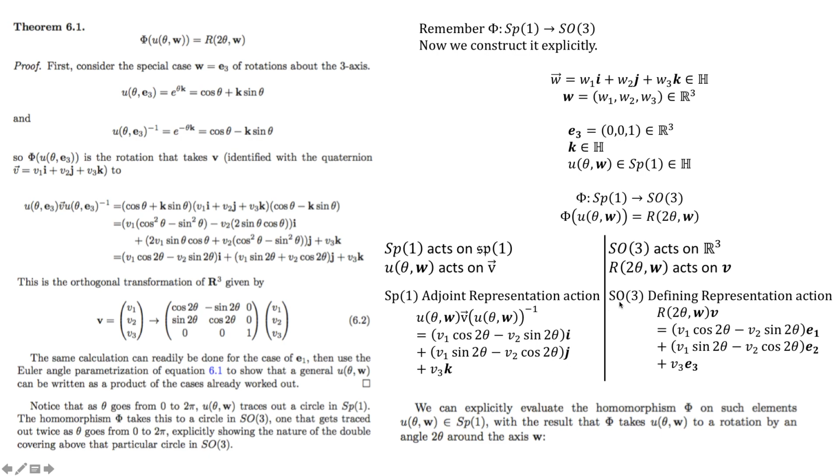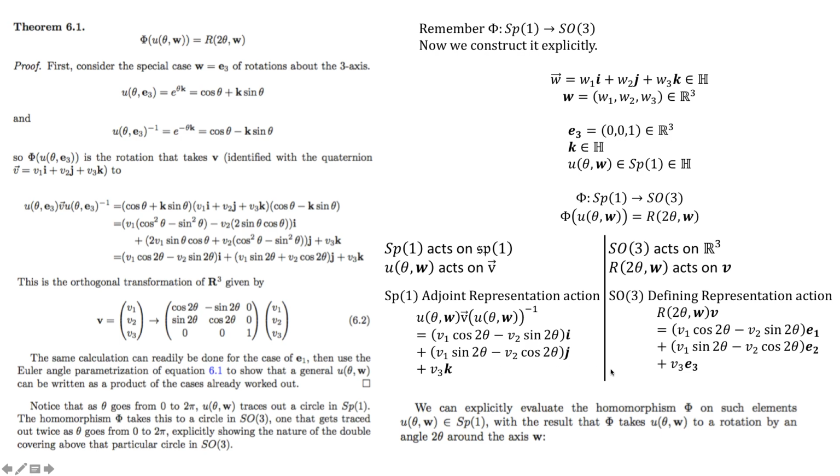On the other hand, SO3 can act on R3. R3 is the vector space, and this is known as the defining representation of SO3. An element R of SO3 acts on the 3-vector V bolded by matrix multiplication with the vector. We then see that the corresponding element we get in R3 looks a lot like that of the Lie algebra sp1.